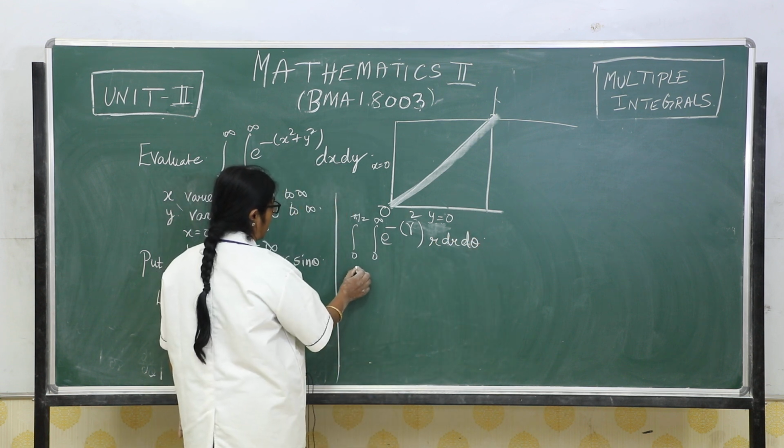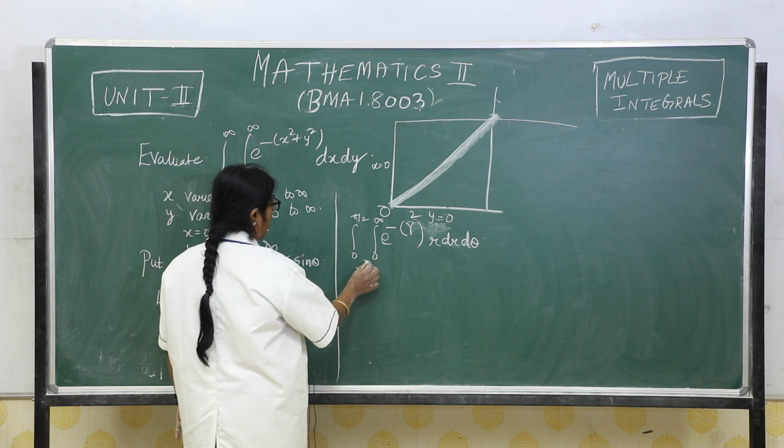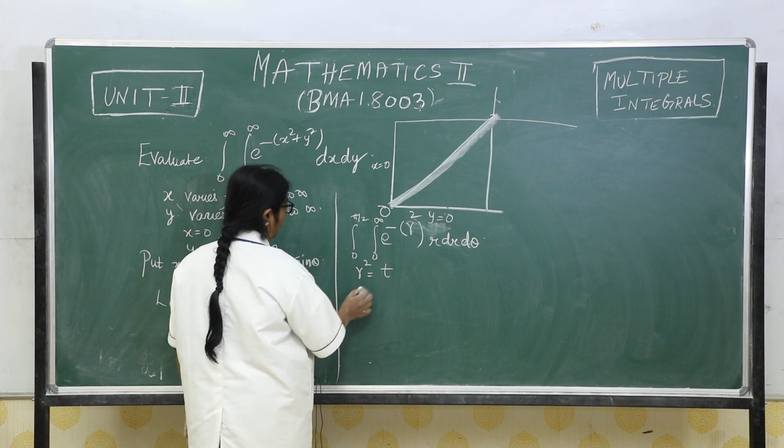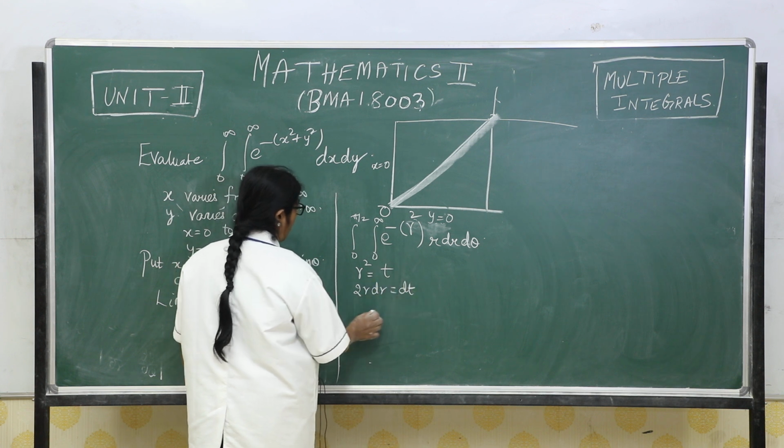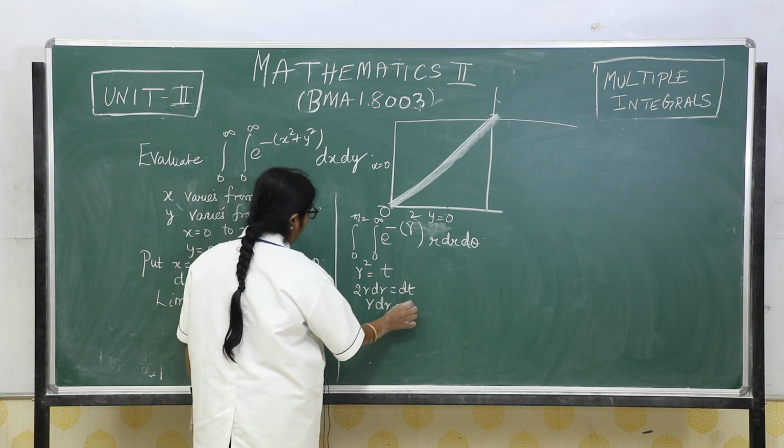Make a substitution, r squared is equal to t, 2r dr is equal to dt, r dr is equal to half of dt.